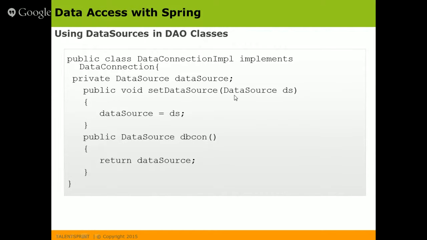You can see the setter method is used to receive the data source object from the Spring bean factory, and it is injecting the value to the current property data source. So this data connection implementation class, which is presently on the screen, automatically gets the data source object. And whenever other service classes request this data source, it simply returns the data source by using the dbcon method. So this is the way we can establish a connection to the database.